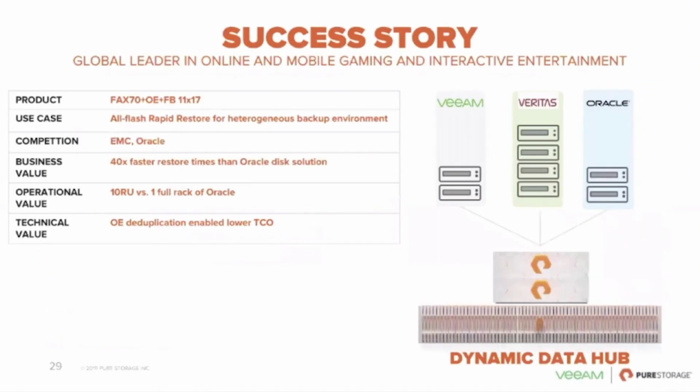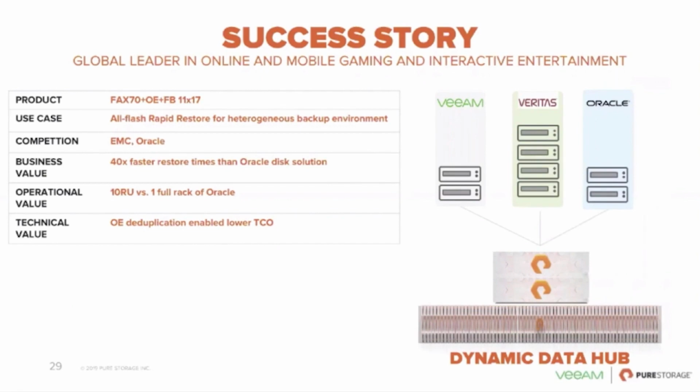And again, our first customer, once we'd acquired StorageUse, built it out, hardened it, and it became Object Engine, was a joint Veeam customer, and they actually had multiple backup applications. They also had Oracle Warehouse, and again, we could lower total cost of ownership with dedupe.